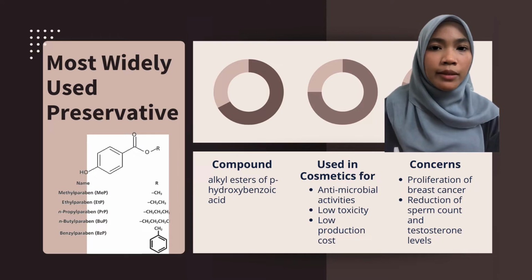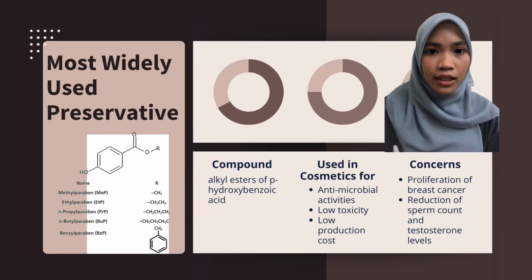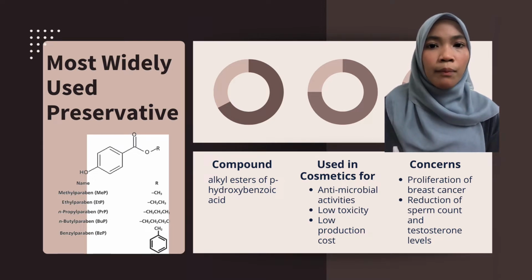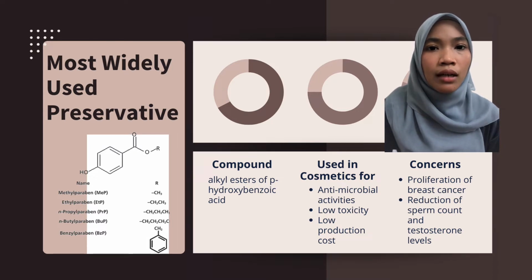The use of parabens in personal care products has caused concern because of their potential adverse effects, including proliferation of breast cancer and reduction of sperm count and testosterone level.